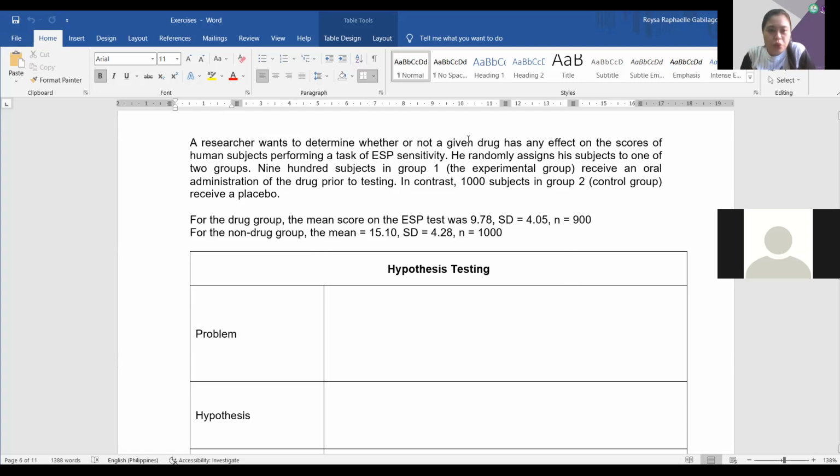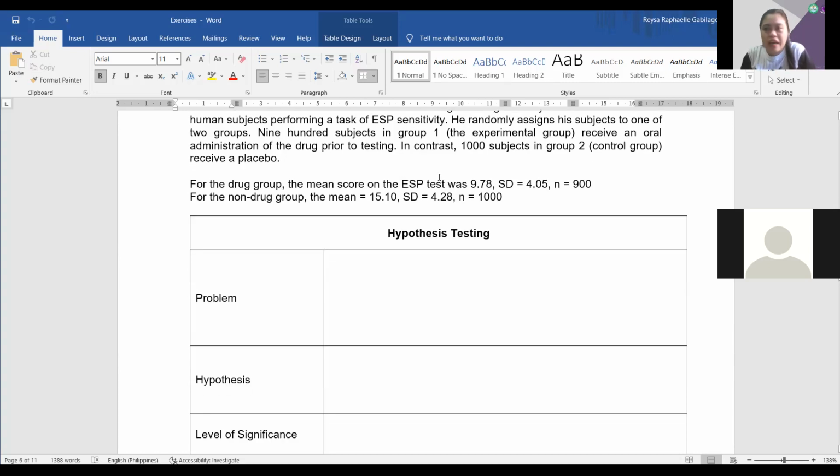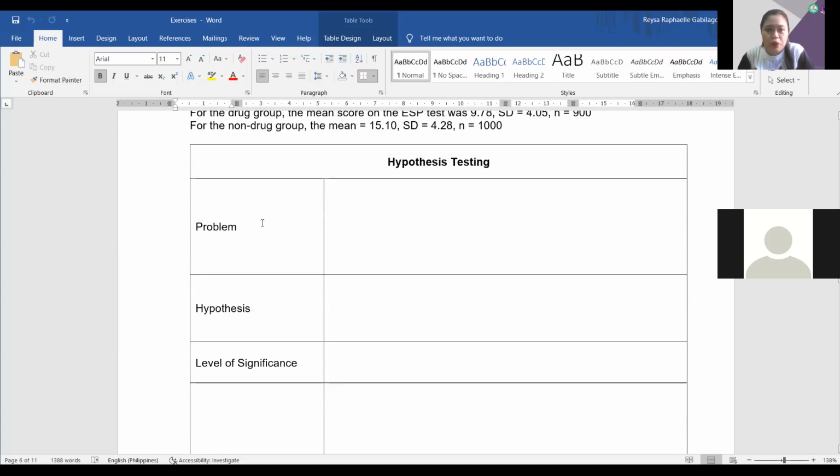So you have to do this on any sheet of paper, and then I'll randomly ask you later. Whoever I ask, first give me the problem and then the hypothesis. I want you to make both the alternative and null hypothesis.